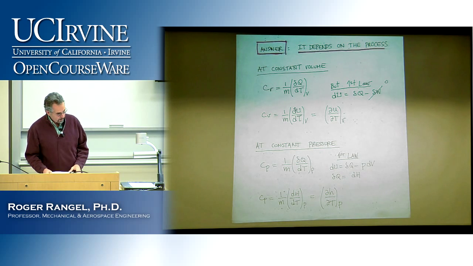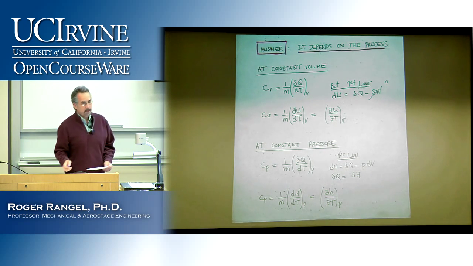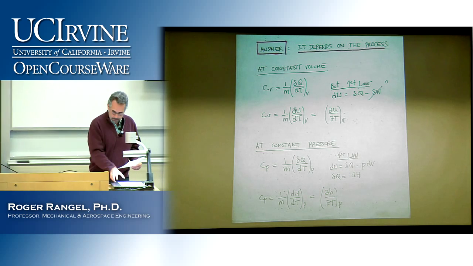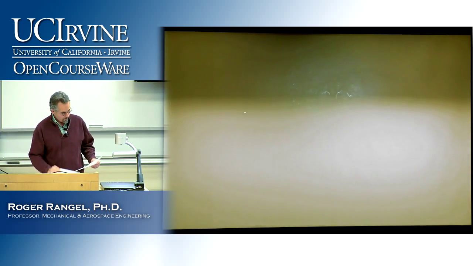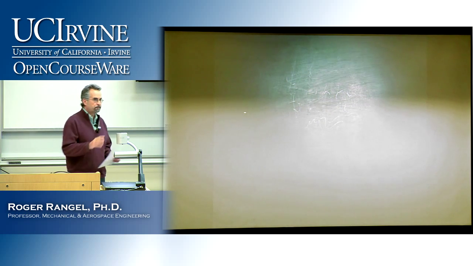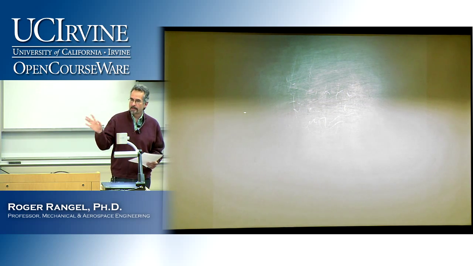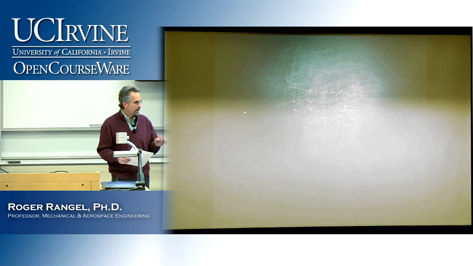Now let's see how we can use these concepts when we are solving problems in thermo. Let's look at the three phases that we usually worry about: solid, liquid, and gas.